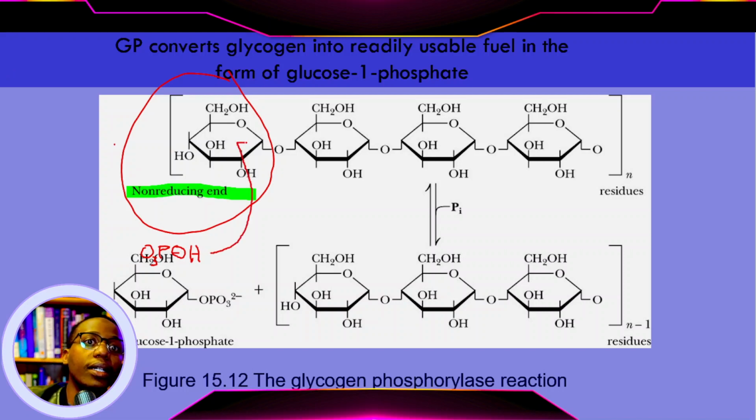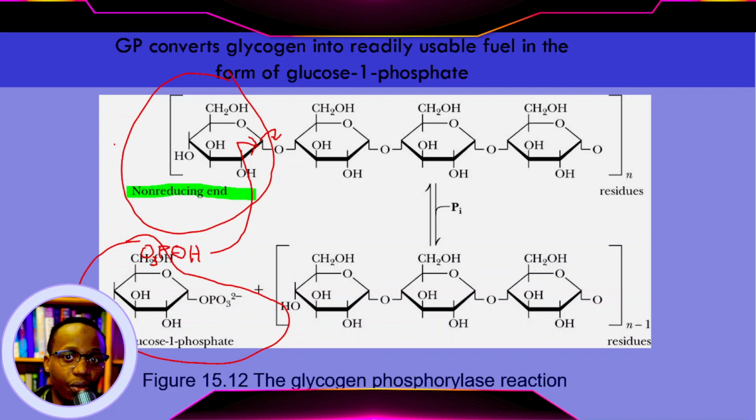So we attack that carbon. There you go. And then when we attack that carbon, it's going to break this bond right there. And when we break that bond, that will be ready to be attacked by phosphate. So it's a two-step mechanism, and we end up having a product like this where you have glucose 1-phosphate.